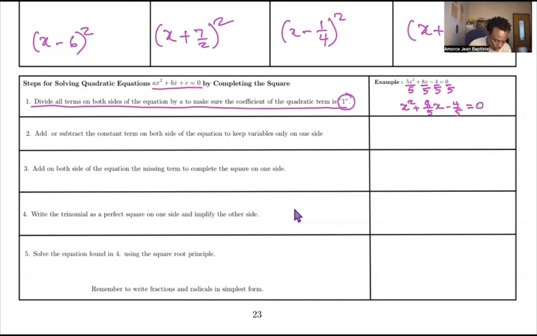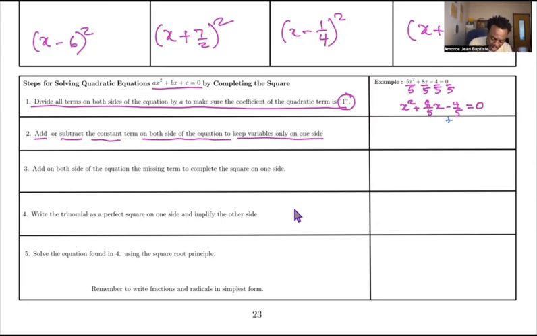Let's see, step 2. Add or subtract in order to cancel out the constant term on both sides of the equation to keep variables only on one side. So we want to keep the variable terms on one side. And now in this case, we will need to add the constant on both sides.